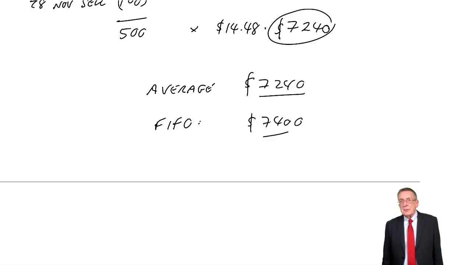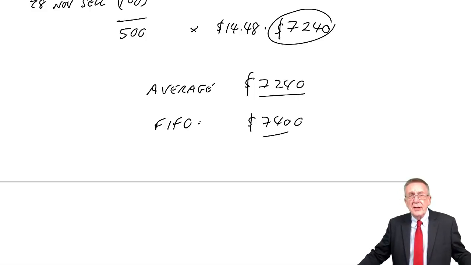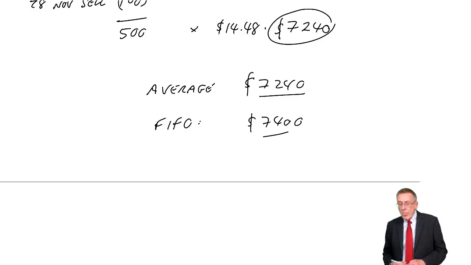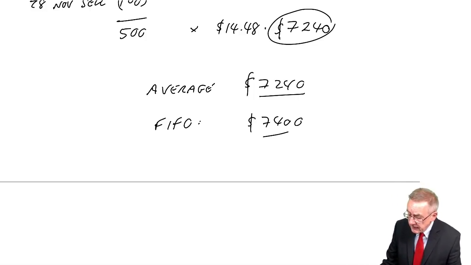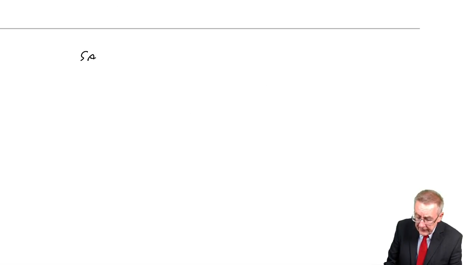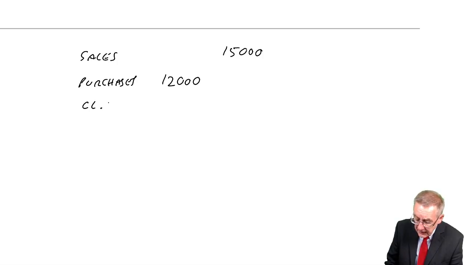Think about it. Think about what we were doing in the very first lecture on inventories. But just let me make up some figures before I go back to that. Suppose I told you sales were 15,000. Suppose I told you purchases were 12,000 and there was closing inventory of 2,000.